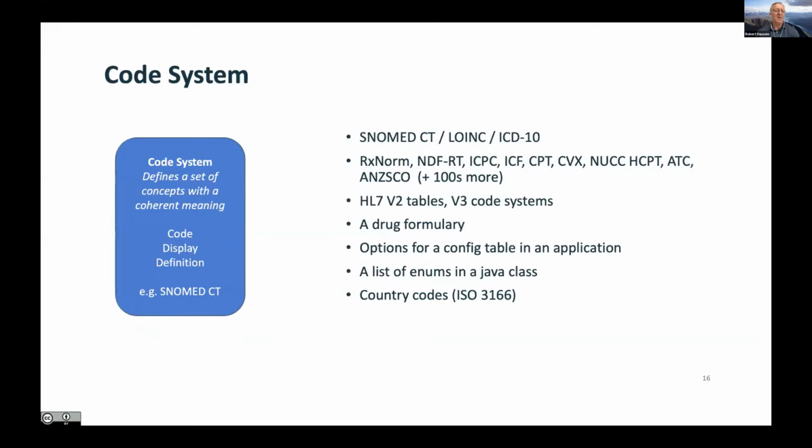So now let's talk a little more detail about what FHIR has for allowing us to do this. And we'll start with, beyond the code, we go to the code system. A code system is, of course, not unique to FHIR. The idea of it, logically, defines a set of concepts which have codes, of course, as we said, but a set of concepts that have a coherent meaning.